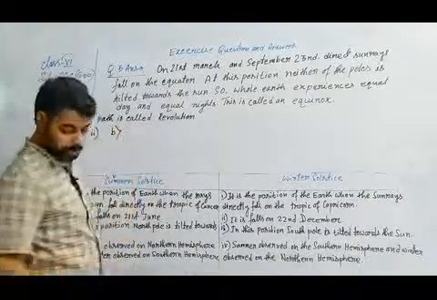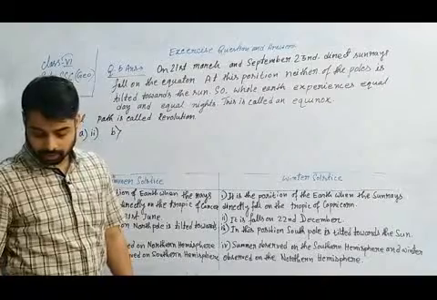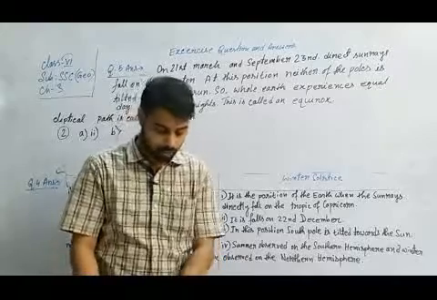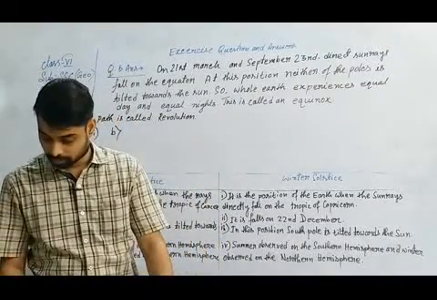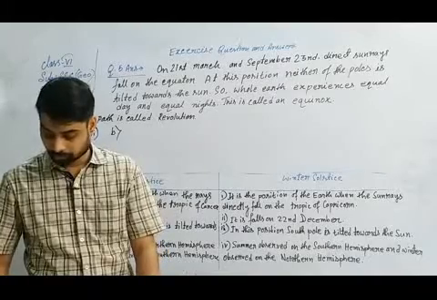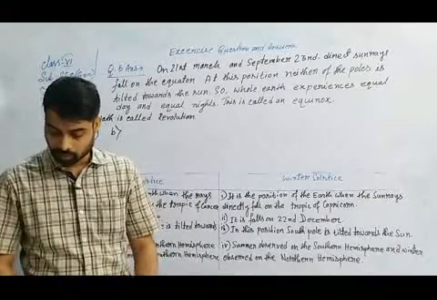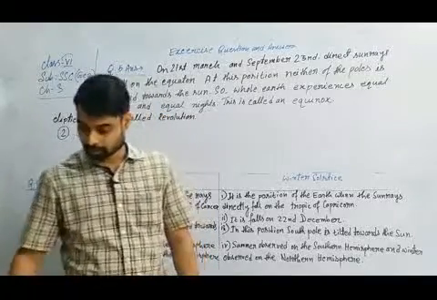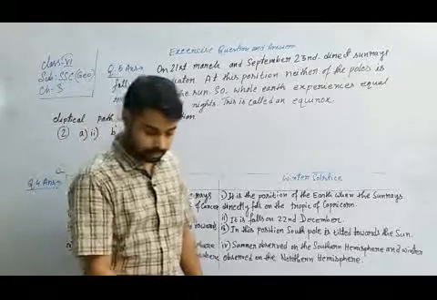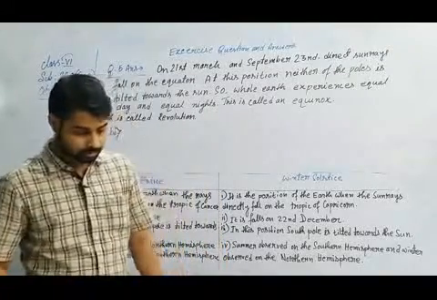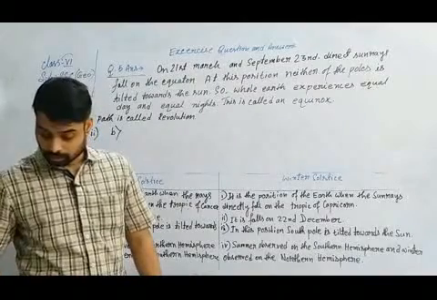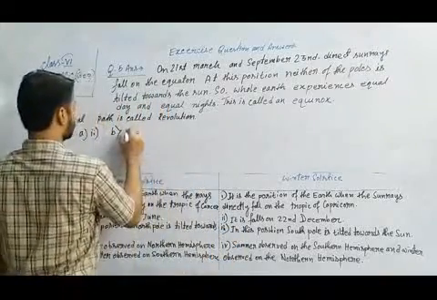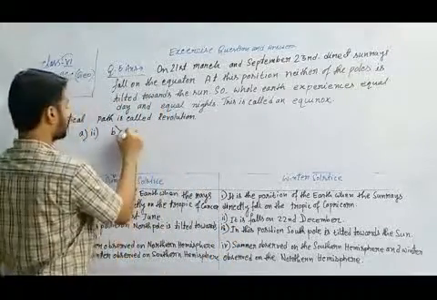Now next one, it is B: direct rays of the sun fall on the equator at the time of equinox. So it is 21st March, and the option number 1.